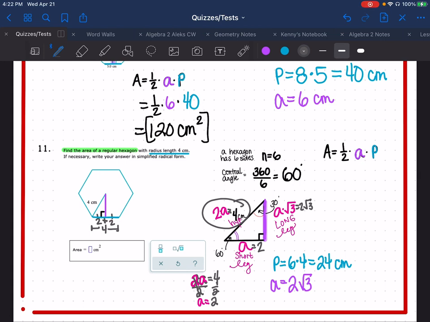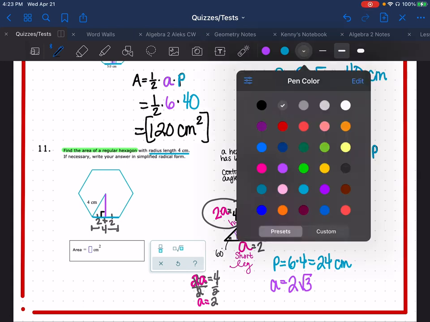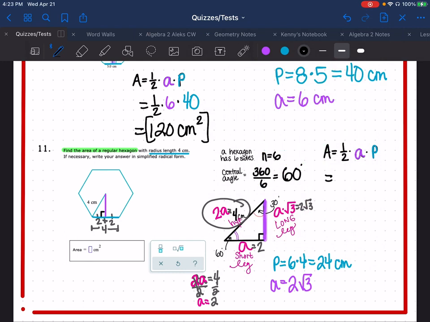All right, now I have everything I need to go ahead and find my area. I'm going to say it's 1/2 times my apothem, 2 square roots of 3, times my perimeter, which we said was 24. It asks me to give my answers in simplest radical form. That means everything but the square root of 3 is going into the calculator.